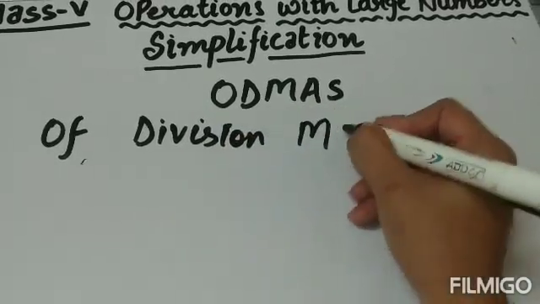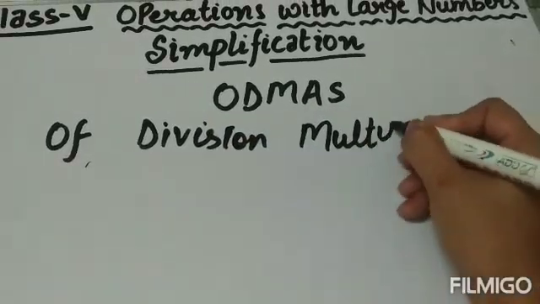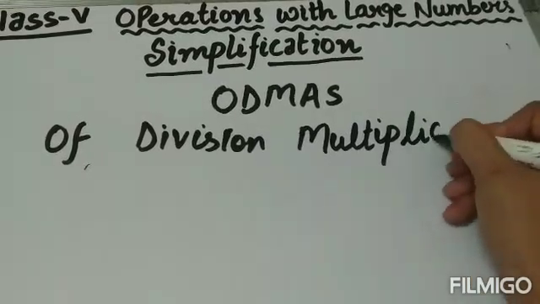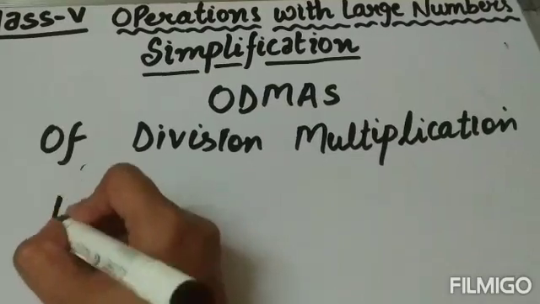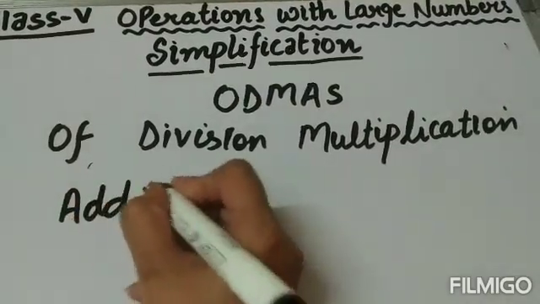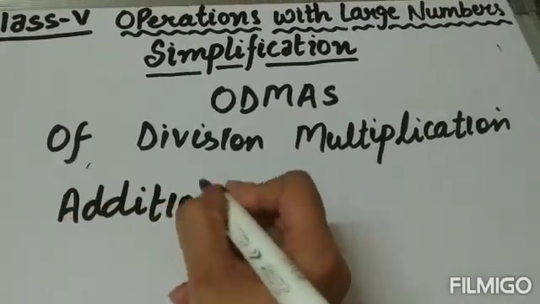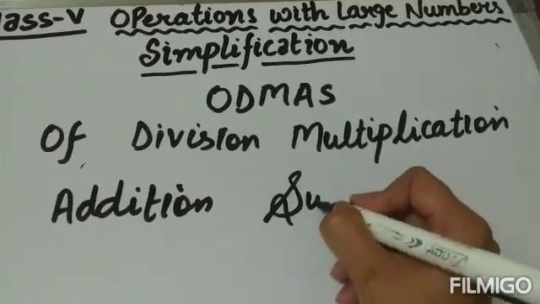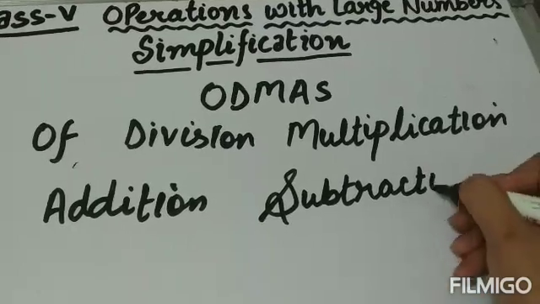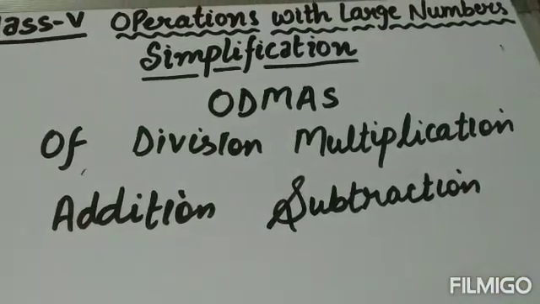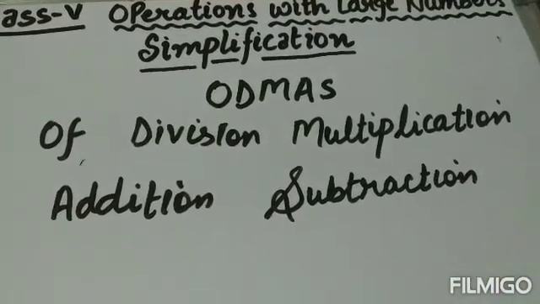M means multiplication. A means addition and S means subtraction. So this is the order in which we do the simplification sums.